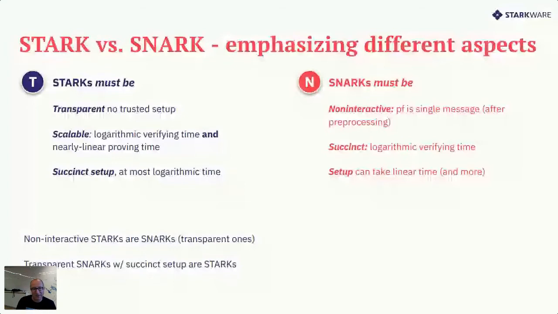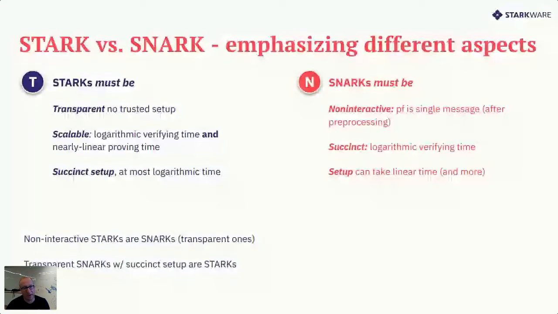If you have a transparent Snark with a succinct setup, that would be a Stark. And if you have a Stark and you run it in non-interactive mode, say using the Fiat-Shamir heuristic, then it is converted into a Snark, and a transparent one. And some papers in the literature refer to Starks as transparent Snarks.